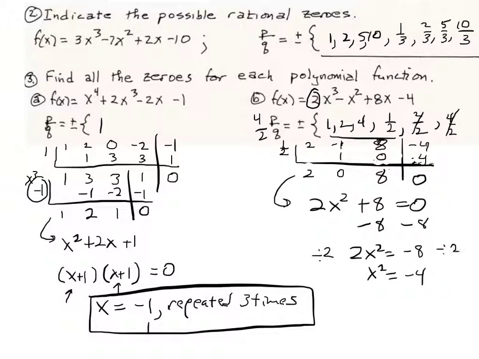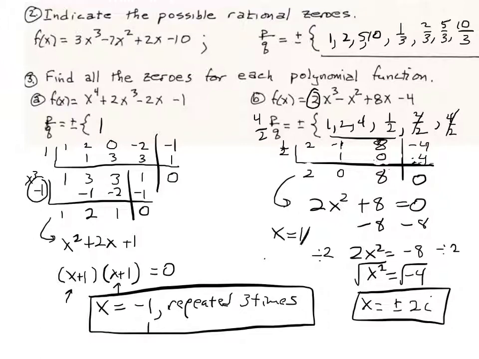Okay? When you take the square root, you get x equals plus or minus 2i. Wow, so we have 2 imaginary zeros here, and we also have x equals 1/2 from our synthetic division.